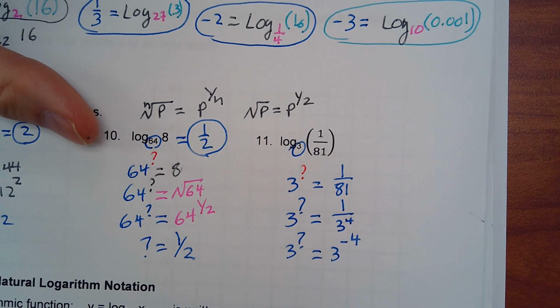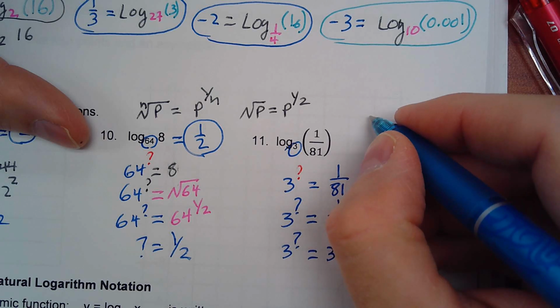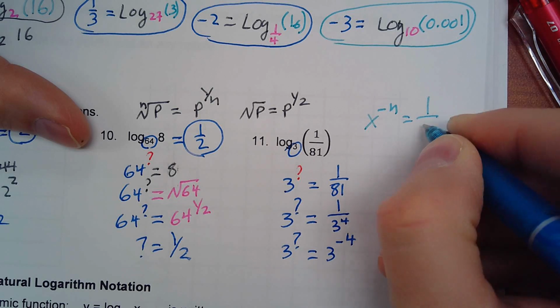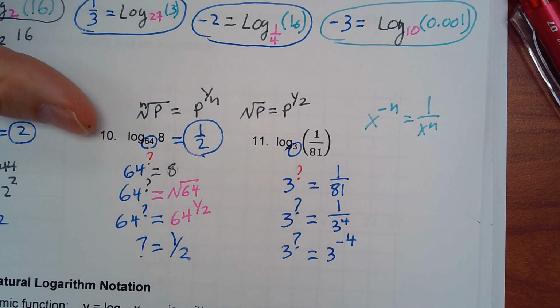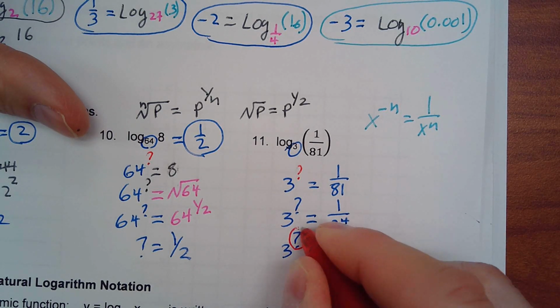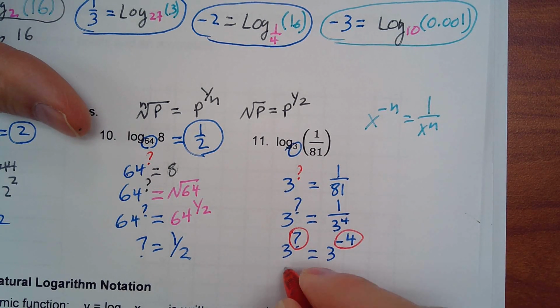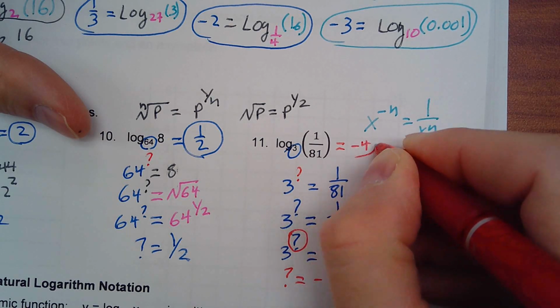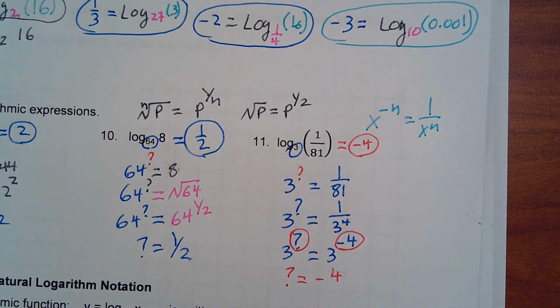So what I'm using here is the fact that x to the negative n is the same thing as 1 over x to the n. That's the definition of negative exponent. This means question mark has to be equal to -4. And so that would be our answer.